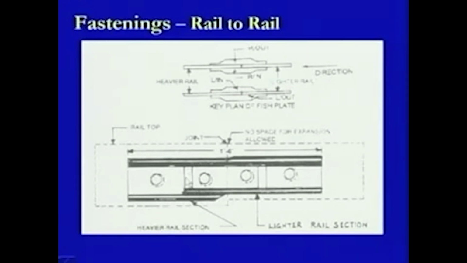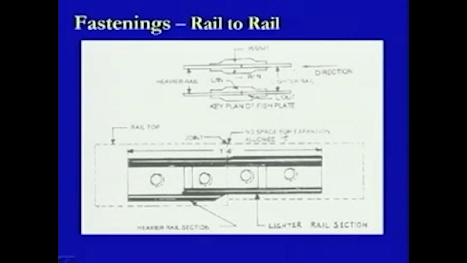So, these lines, this is the end of one fish plate and this line shows the end of the other fish plate which is coming from this direction. So, when there is overlapping of the area, what we found is that there is additional thickening at the joint section like this. So, this is additional thickness at this level, additional thickness at this level, and this is the normal thickness of a fish plate on this side and normal thickness of a fish plate on the other side.